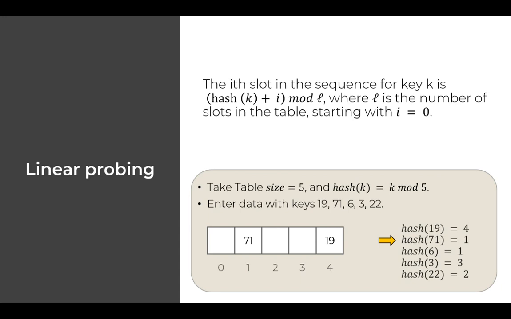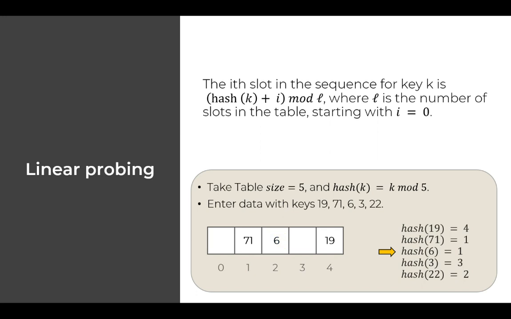Now we look at the key 6. And here we've got a clash. The hash value is 1, but 1 is also the hash value for the key 71. So first we try to add 6 at position 1, but it's already occupied, so we cannot put it here. We look at the next index, 2. It is empty, so we can add 6 at this position.